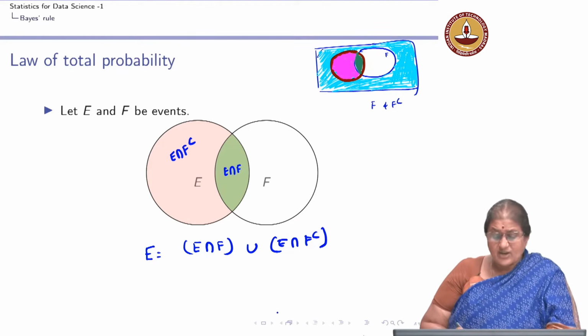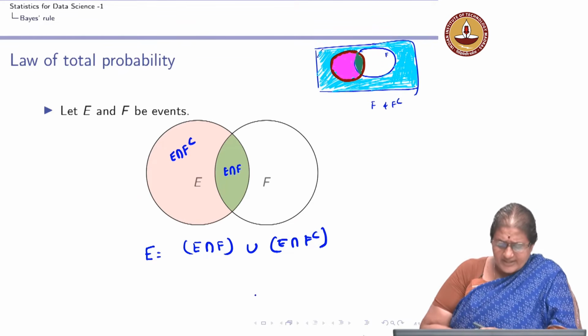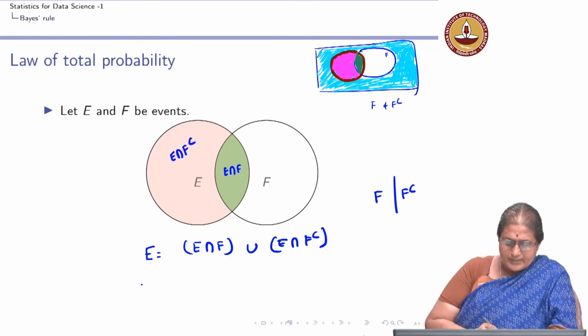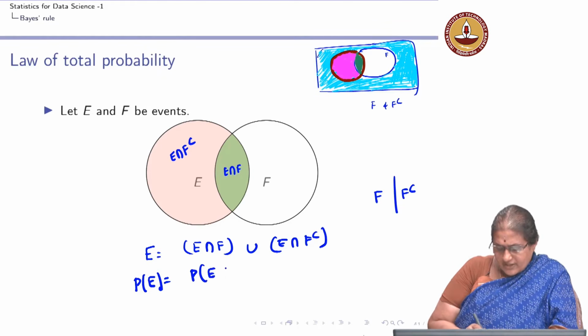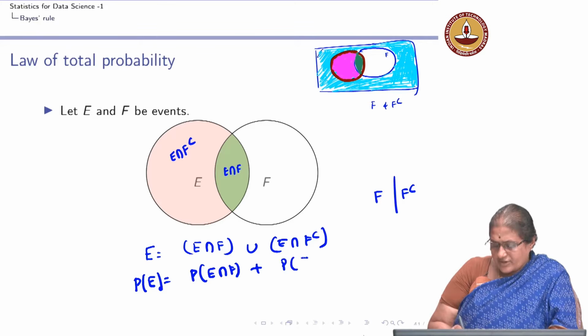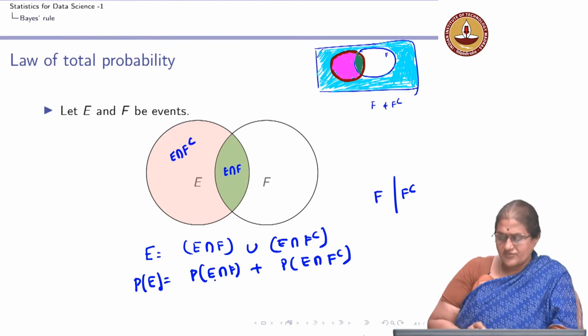So, what does the law of total probability say? When I have mutually exclusive F and F complement from my sample space, I can express the probability of E as probability of E intersection F plus probability of E intersection F complement. This is from the addition rule.